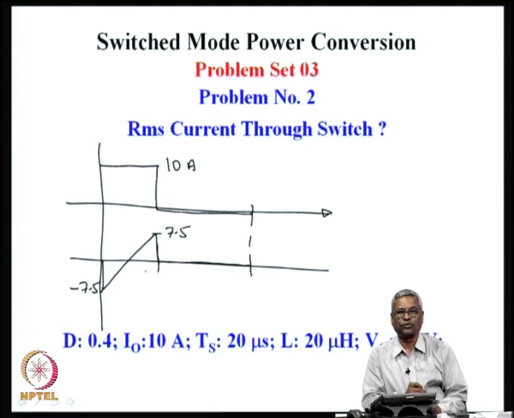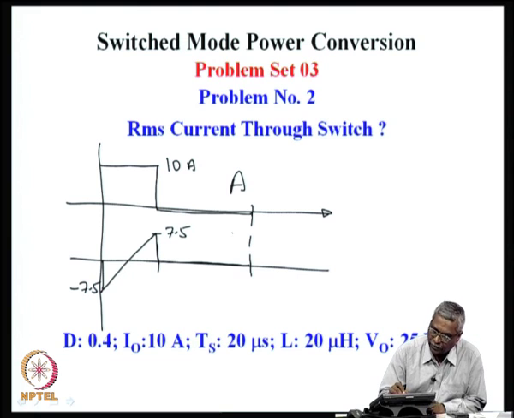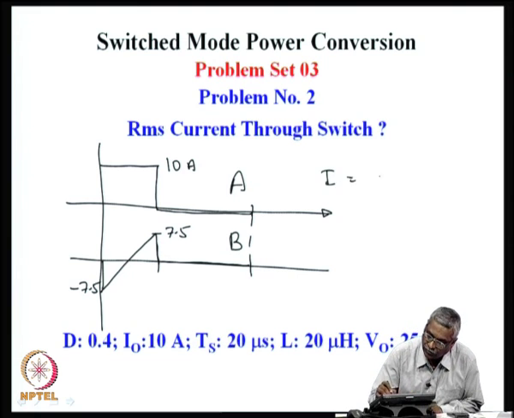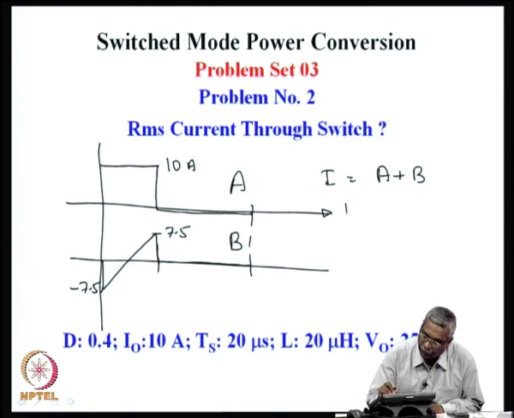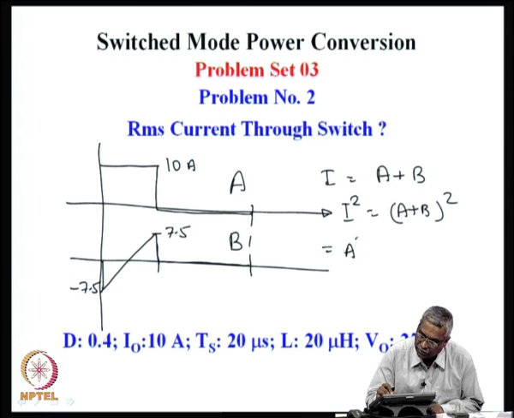So, the sum of these two currents is the actual current. So, if you call this as current A, this as current B, actual current I is equal to A plus B, and what we are interested in finding out is I square, that is A plus B whole square, and this can be written as A square plus B square plus 2AB.